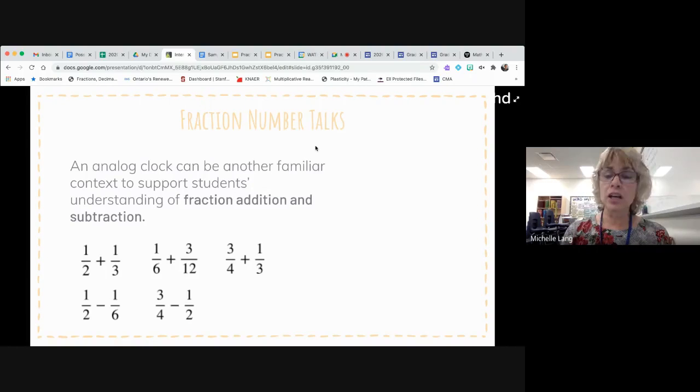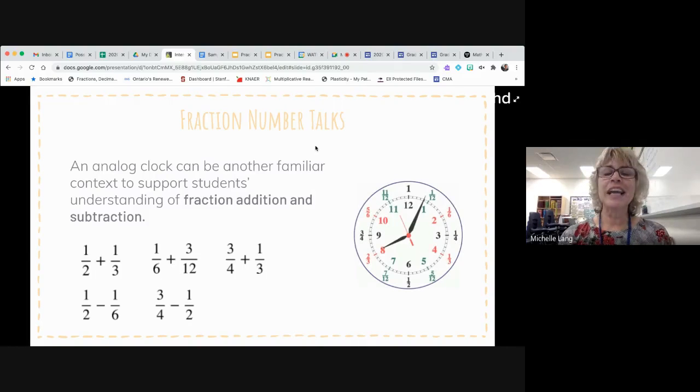Similarly, an analog clock can be another familiar context. Even though we know students struggle to tell time with an analog clock, again, providing the visual and asking students to use the visual to think about the clock and how that helps them add fractions.